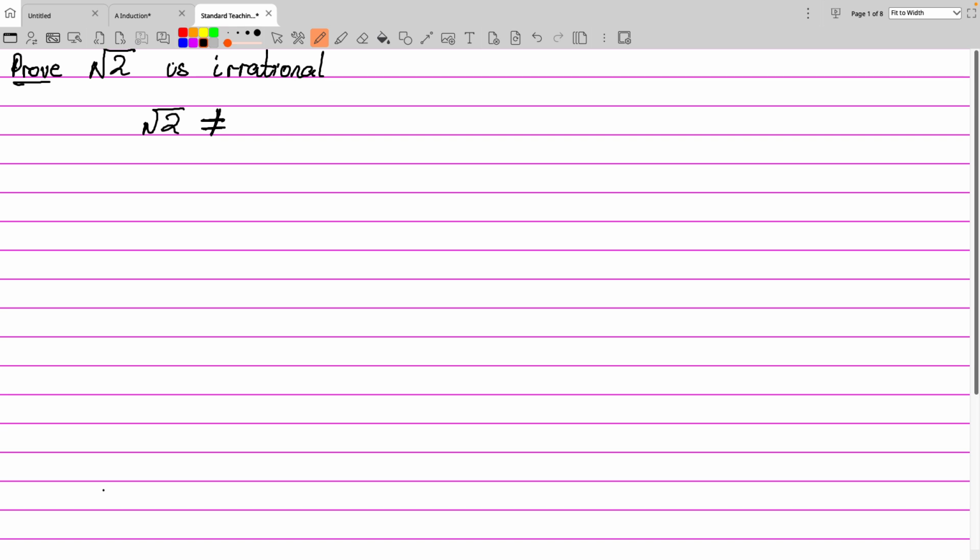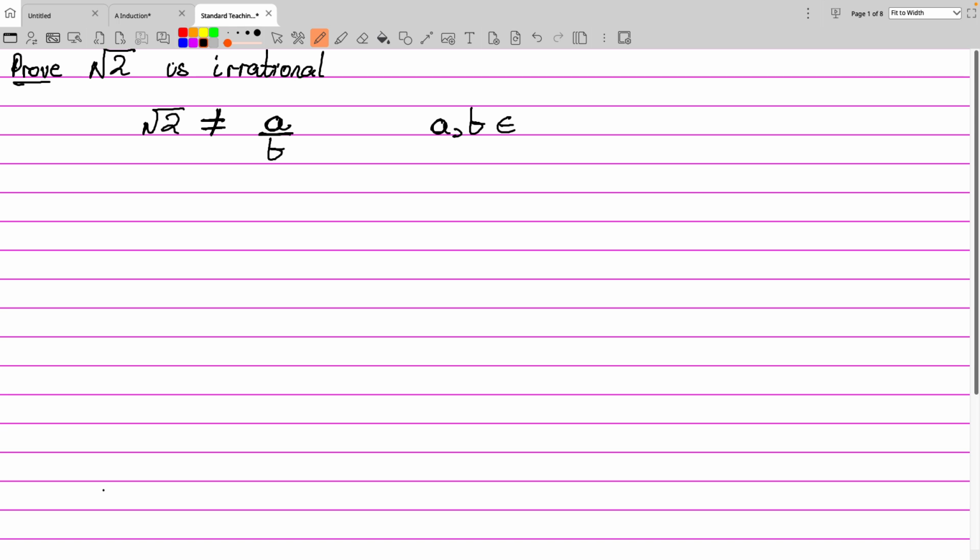Now, if you want, I could use the P over Q in the formula book, the fraction P over Q, or I can just write down A over B, where A and B belong... Well, root 2 is a positive number, isn't it?